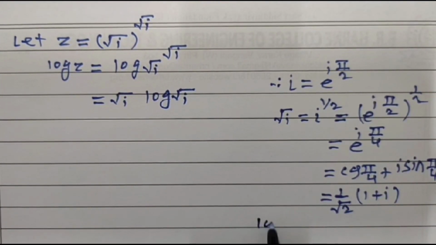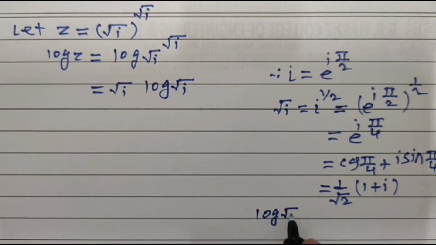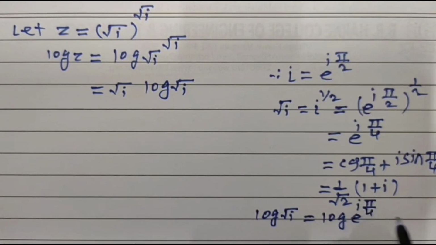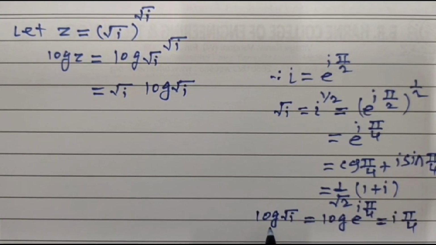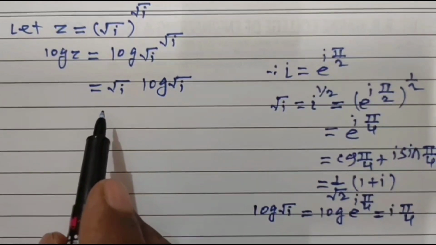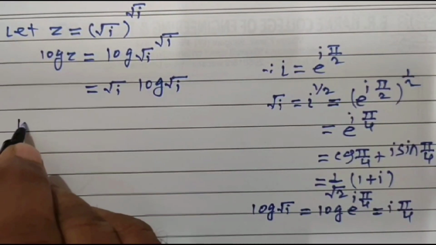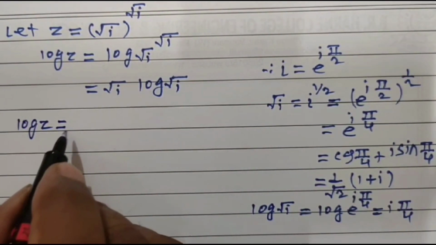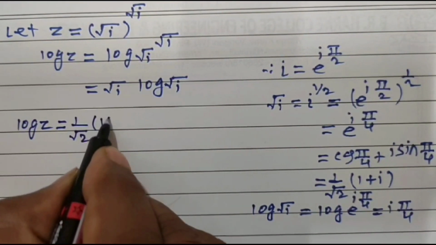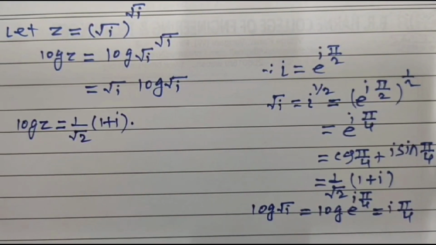Log of root i, we can find, is equal to logarithm of e to the power i pi by 4. And you know, this is equal to i into pi by 4. So put log root i and root i here. So this can be written as log z is equal to root i, which is 1 upon root 2 into 1 plus i, and log of root i is i pi by 4.